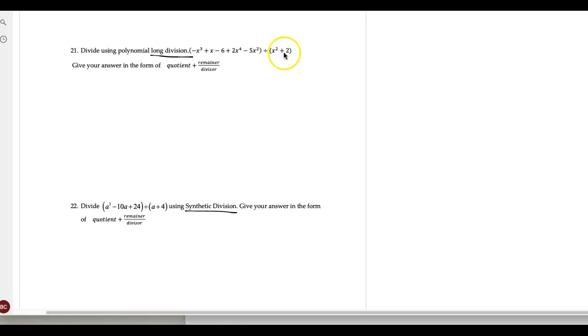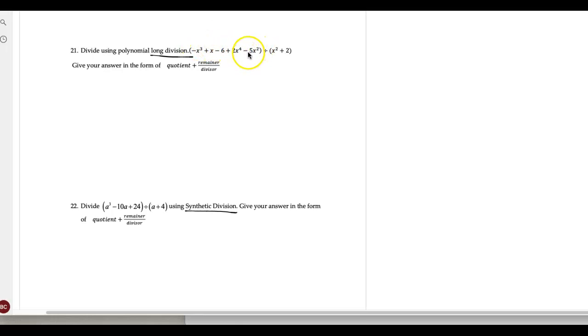Okay, however, I see that in this dividend there is a missing term, and I always need to make sure I'm putting in missing terms, and I'm writing it in descending order. Meaning it needs to start with the highest exponent, then the next highest, the next highest. So I'm going to rewrite it over here.